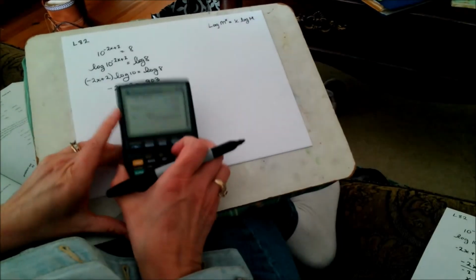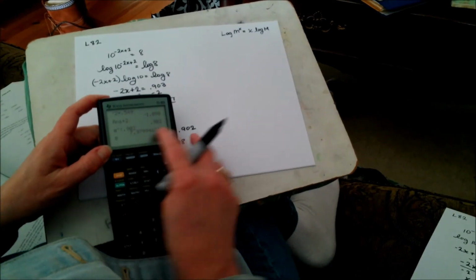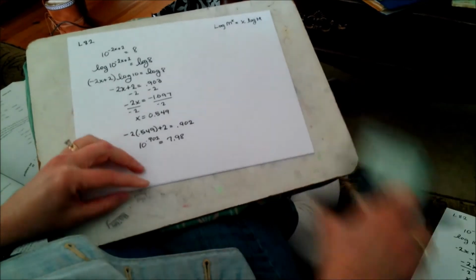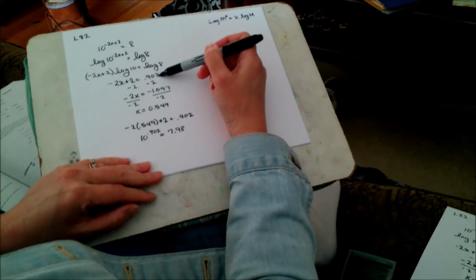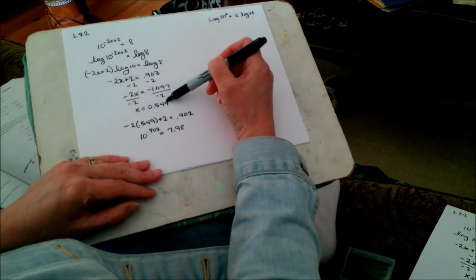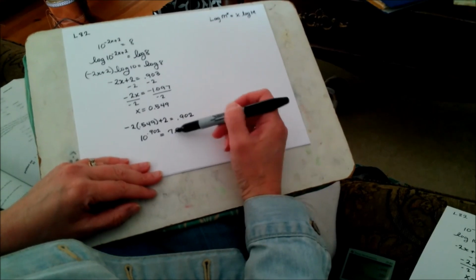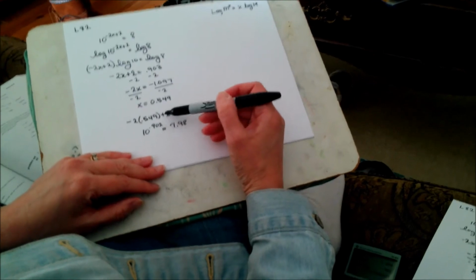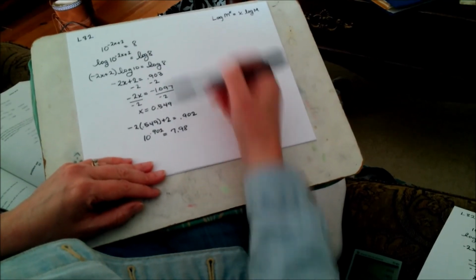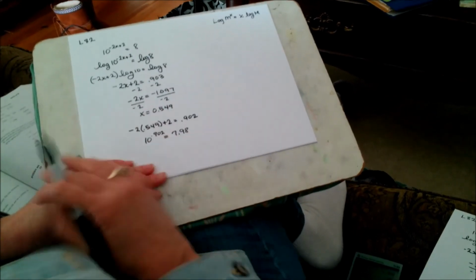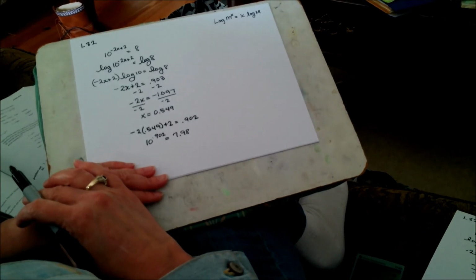Remember, the reason it doesn't get 8.0 is because I rounded here, and I rounded here, and I rounded here, and so that's going to account for why I'm off a little bit, but I am close enough to count.